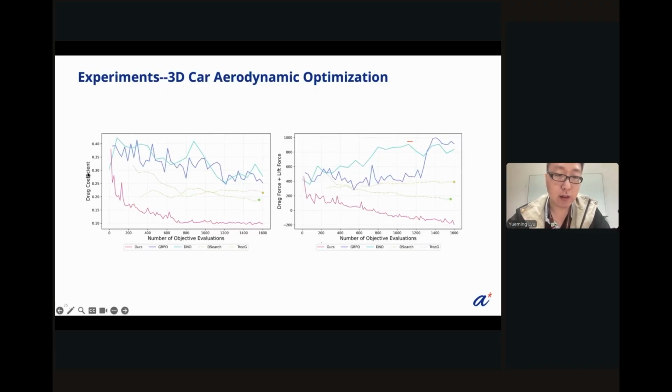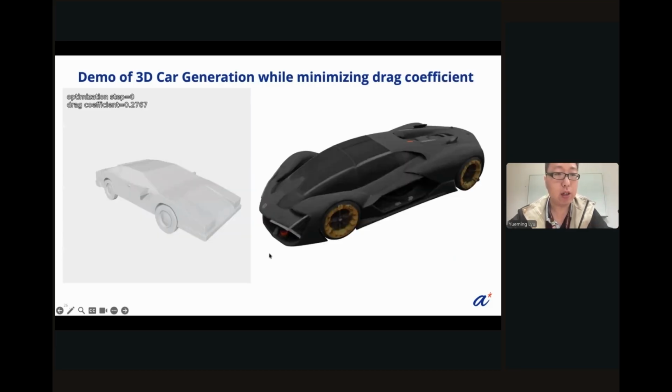Here is the optimization trajectory compared with baselines. The purple line is our method. We can see our method decreases the score faster compared with baselines. Okay, here is a demo video of our generation for the 3D car.